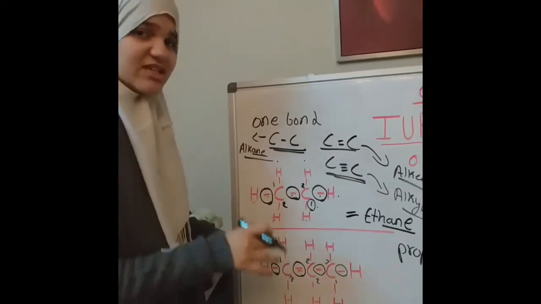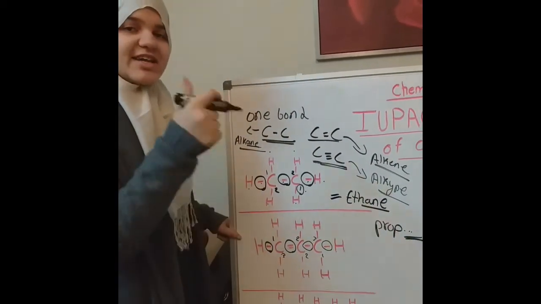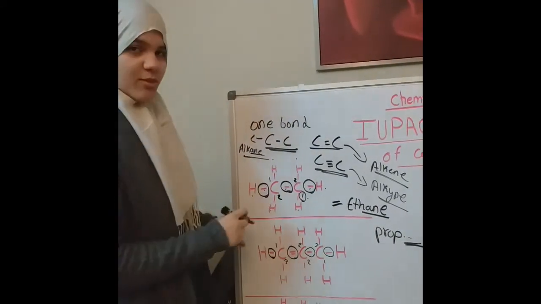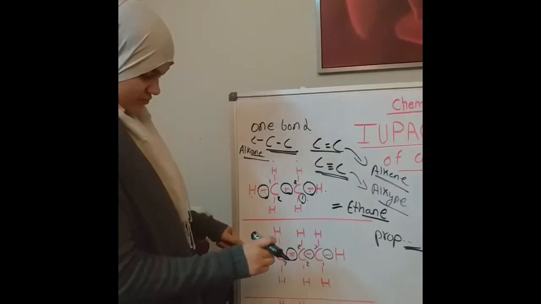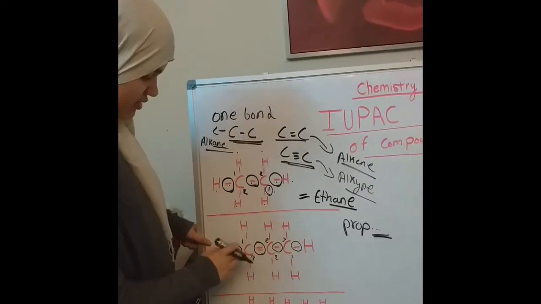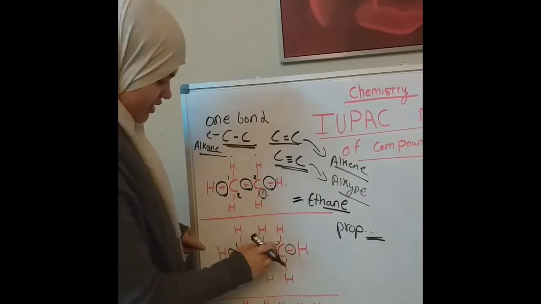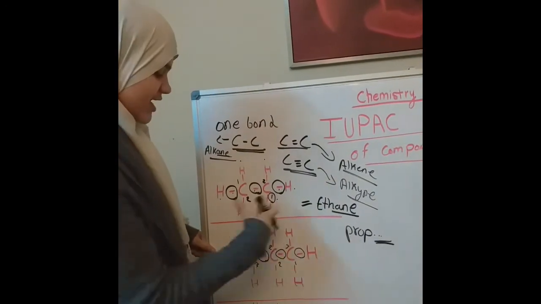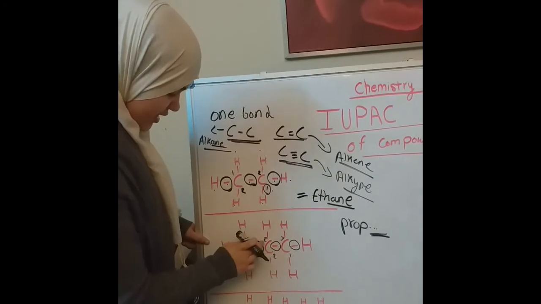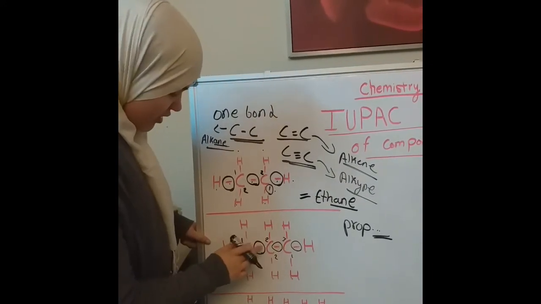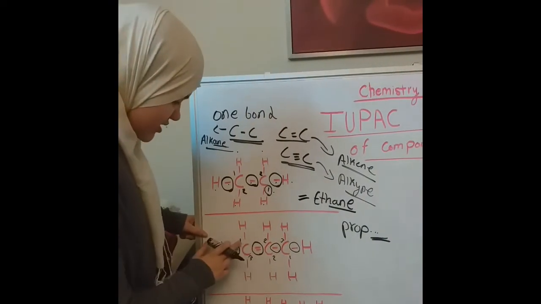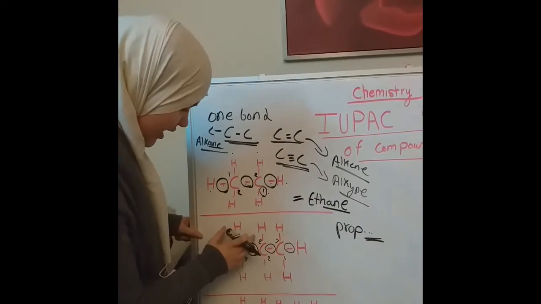That means double bond. That means we have here alkane and alkene. How will we solve this compound? We have 1, 2, 3 in order for the compound. In backward, 1, 2, 3. See the smaller number in the double bond, which is what? 2. Okay, 2.